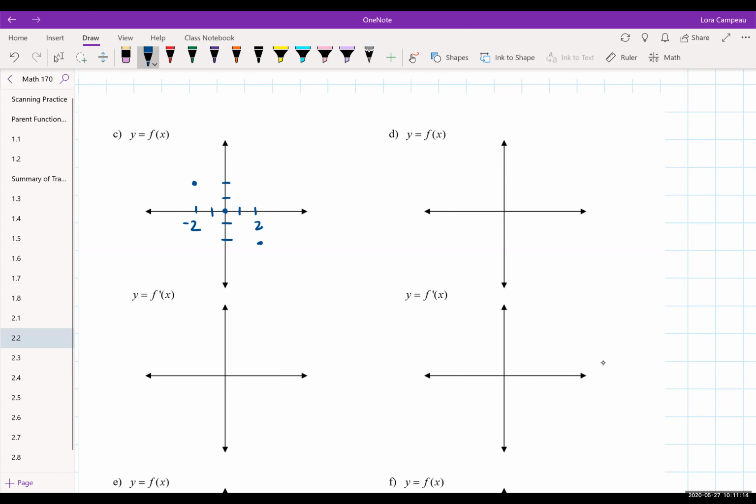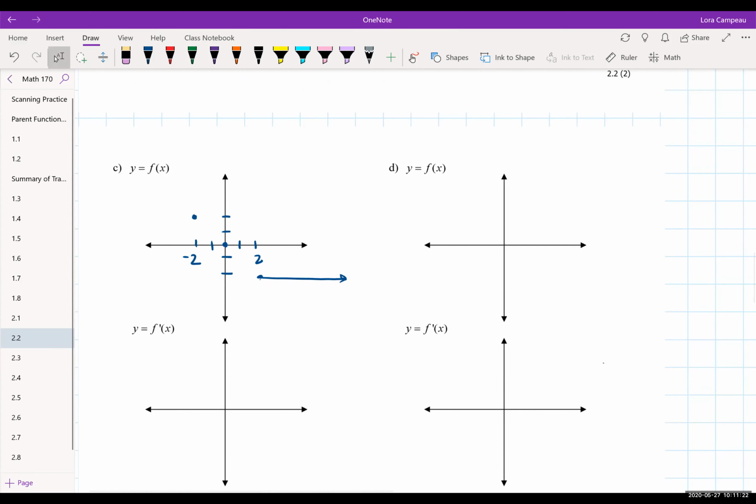What I'm interested in is making corners. So let's draw a horizontal line there. I'm going to connect my points here the best I can, and something over here. There we go. So there we have f, a function that has some corners.